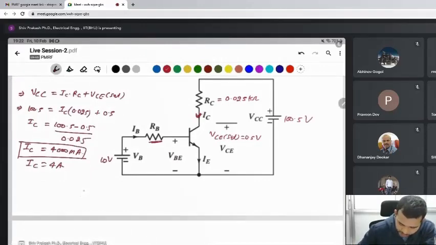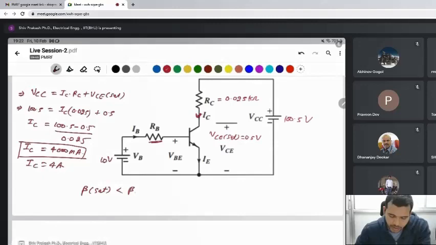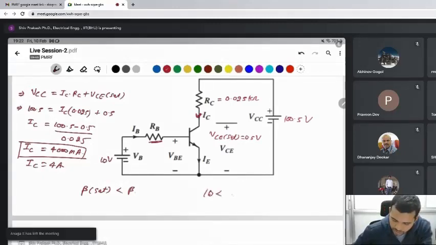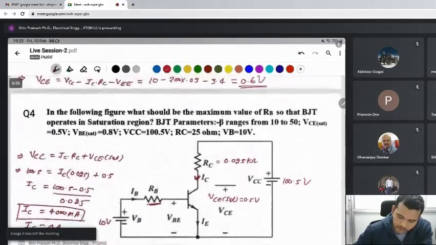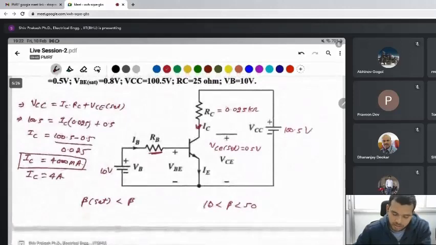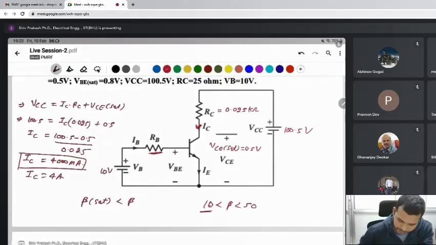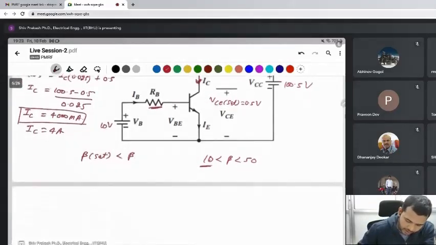You know that beta saturation is less than the beta value, but the question says beta ranges from 10 to 50. To ensure the saturation region, you should take beta as the minimum value, which is 10. Then you find IB.